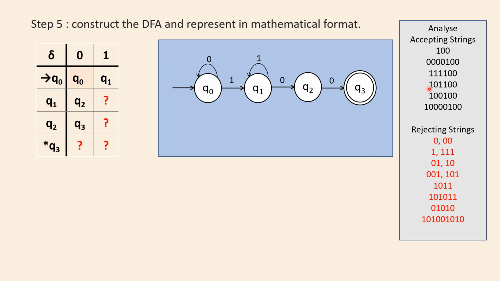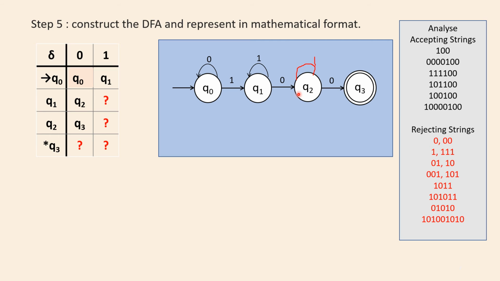Next I have 101 ending with 100, which has to be accepted. Now if I loop 1 here, what will happen if my string is 1010? It has to be rejected. 1010 has to be rejected.